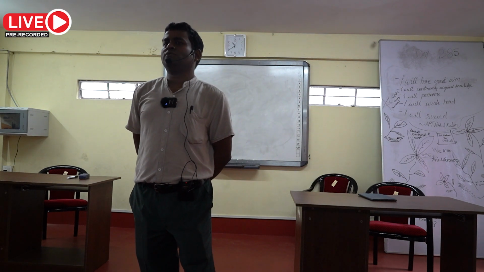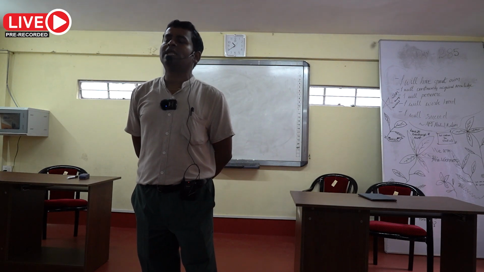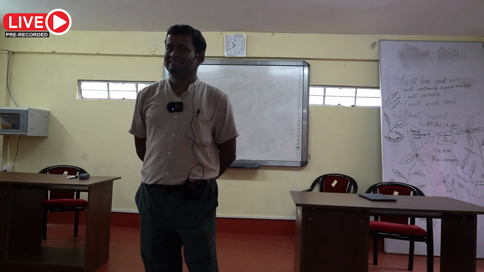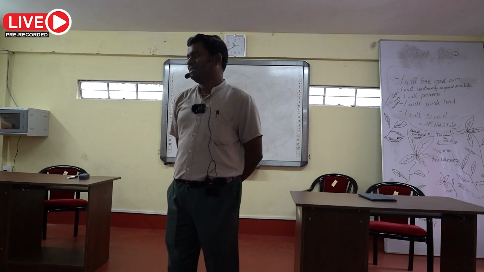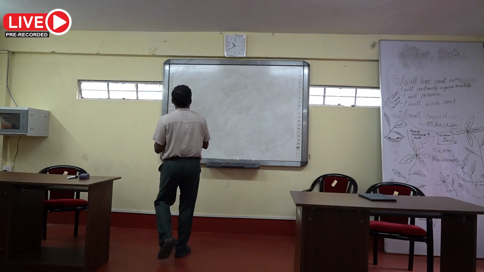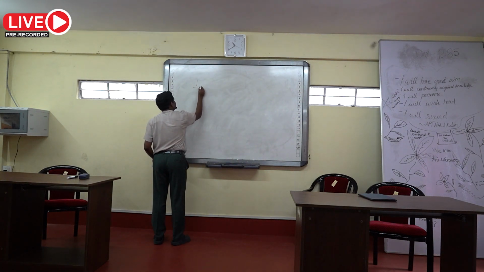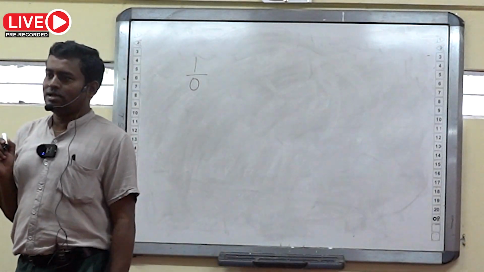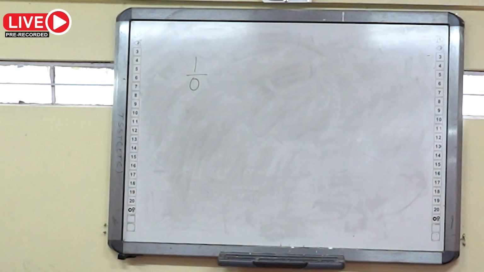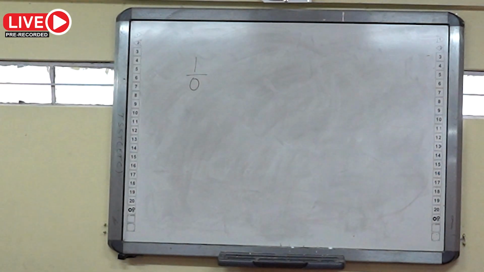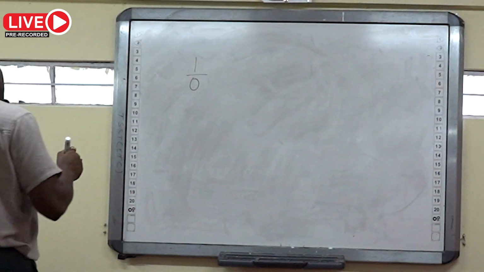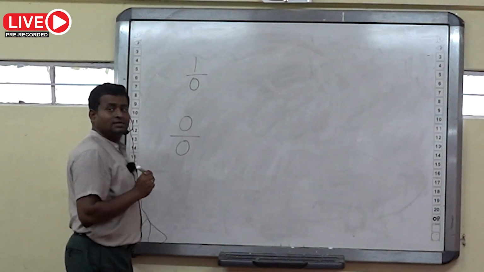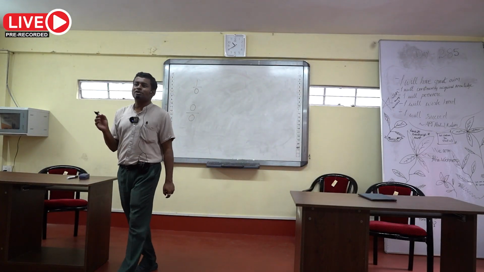Achha, can any one of you tell me what is the difference between infinity and undefined? Suppose I give you 1 by 0. What is its value? Undefined. Why not infinity? Suppose this one, is it infinity or undefined?